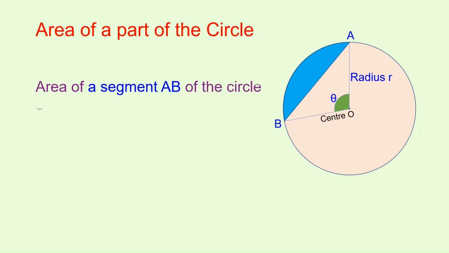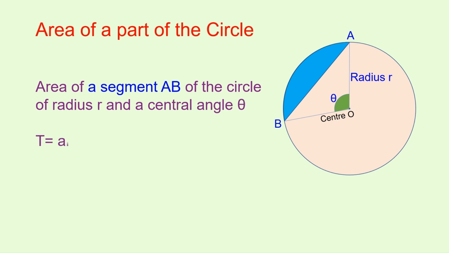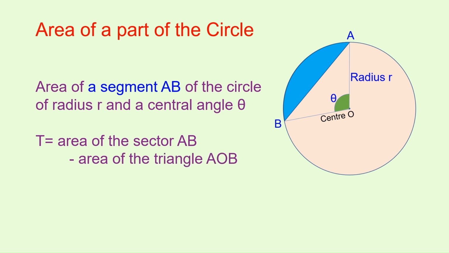Area of a segment AB of the circle of radius r and a central angle theta equals the area of the sector AB minus the area of the triangle AOB.